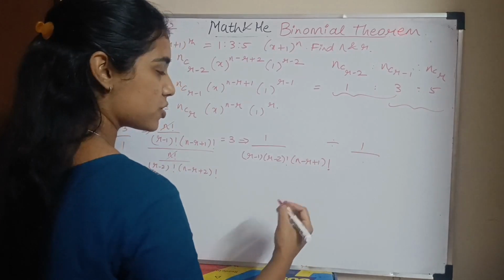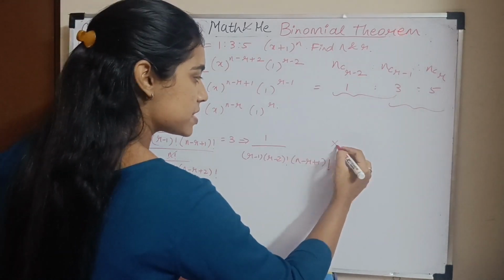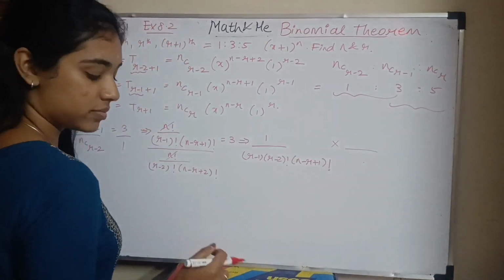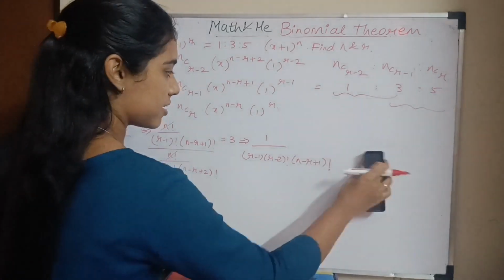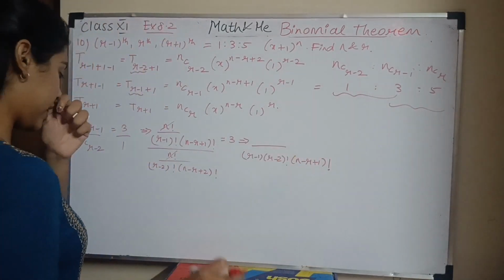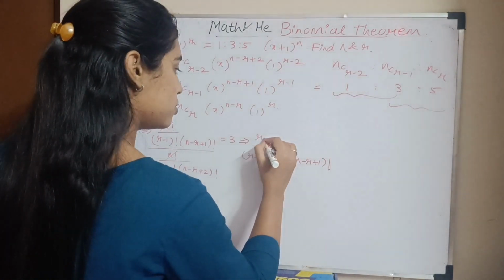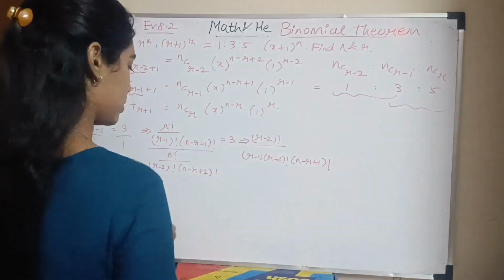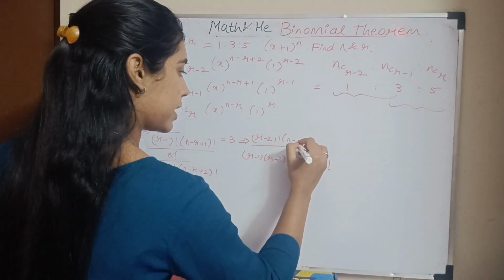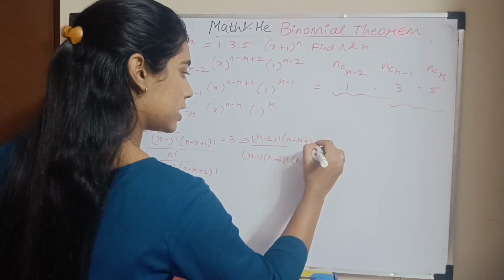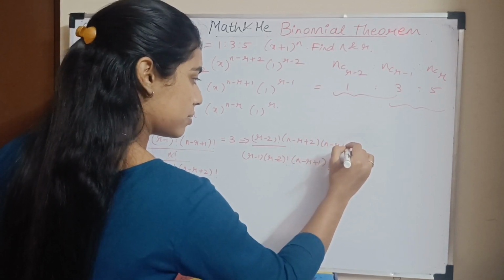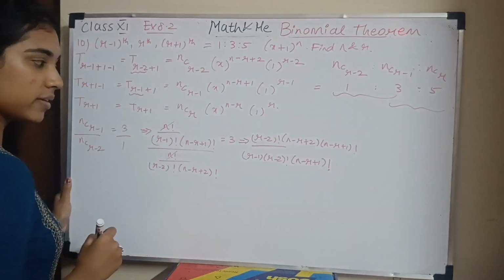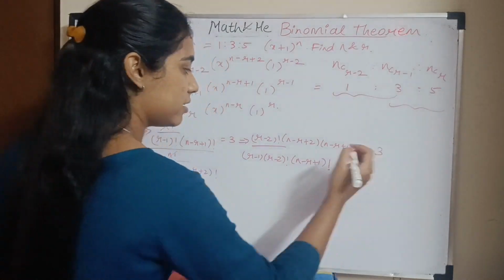The denominator terms go to the numerator, so I have (r minus 2) factorial times (n minus r plus 2) times (n minus r plus 1) factorial, all divided by the rest, equals 3.